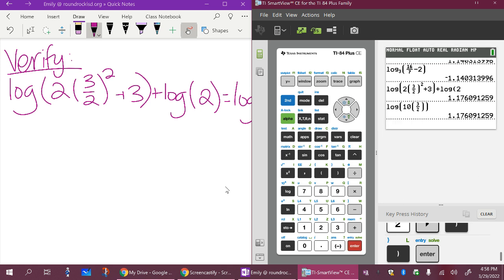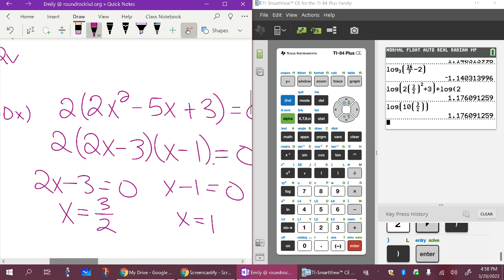Got the same number, so 3/2 works. So we can box that one.